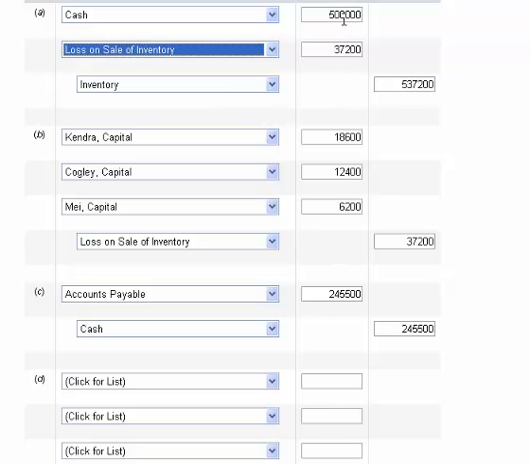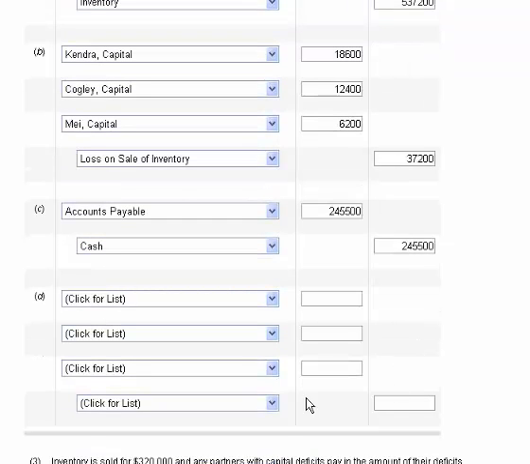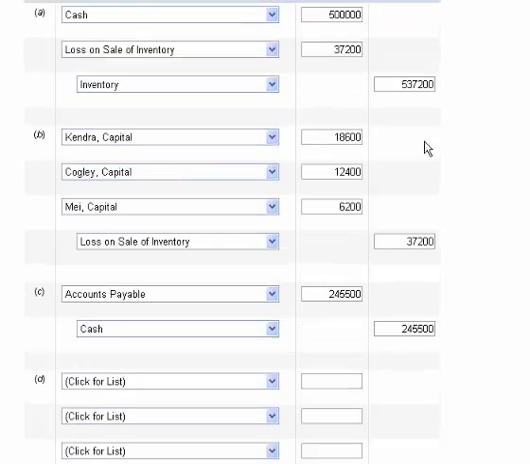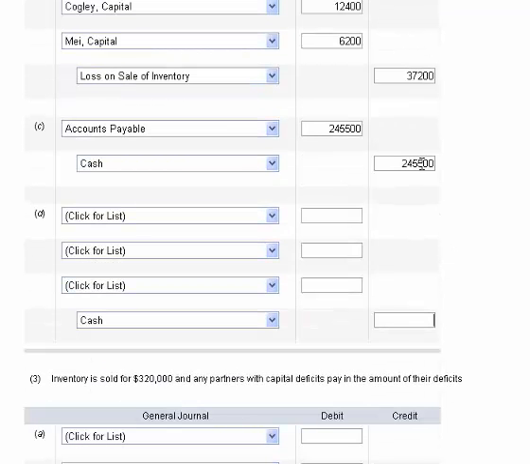Alright, if we started with 500,000 and we paid 245,500, then we need to get rid of the remaining cash, which is the 500,000 less the 245,500, and that gives us a balance of 270,900. Okay, and then again we need to distribute that cash to the appropriate partners.